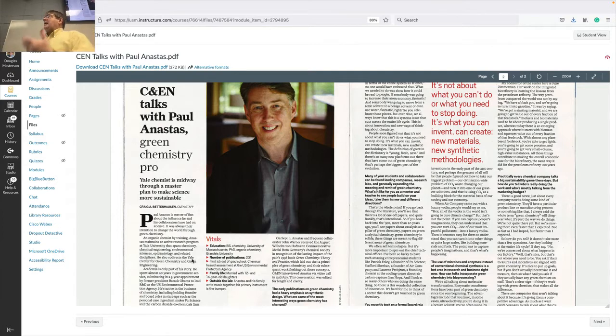Really, the idea of green chemistry is not only to minimize the environmental impact, but also to maximize your efficiency in the use of atoms. There's a chemist, his name is Barry Trost. I think he's still at Stanford. He may have retired now. But he coined this term back in the 90s called atom economy.